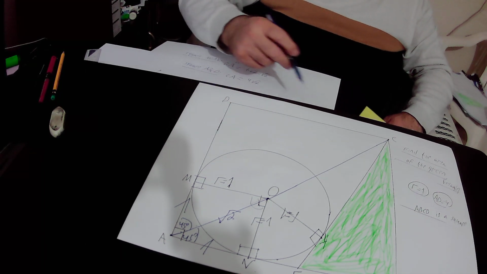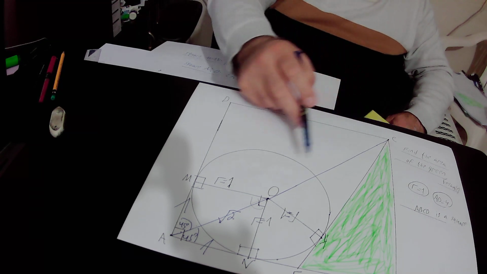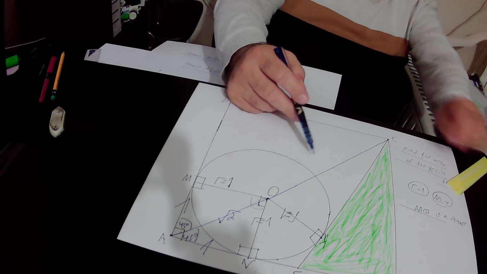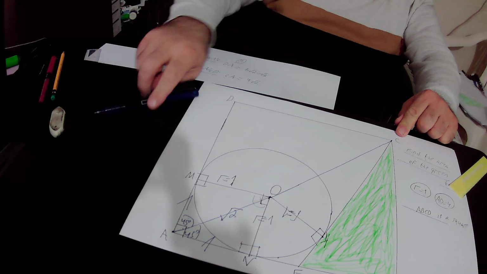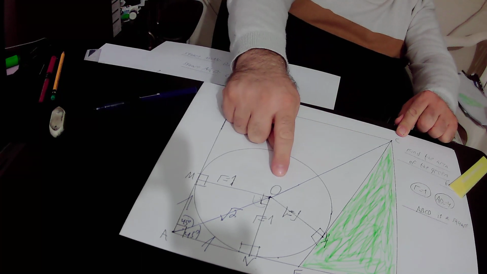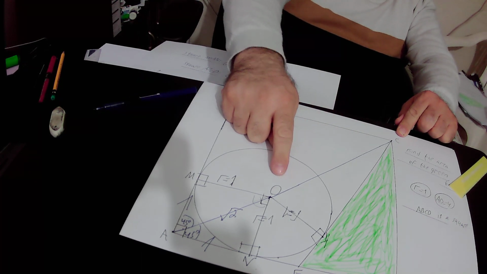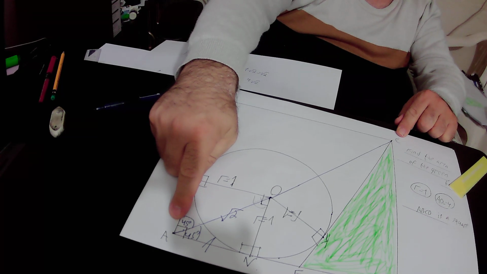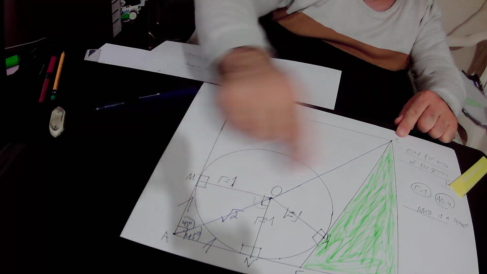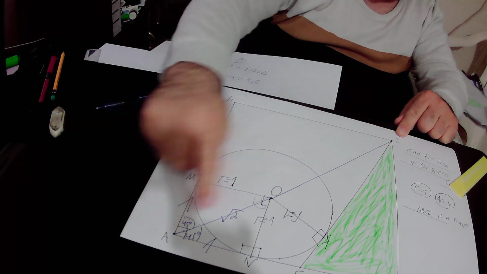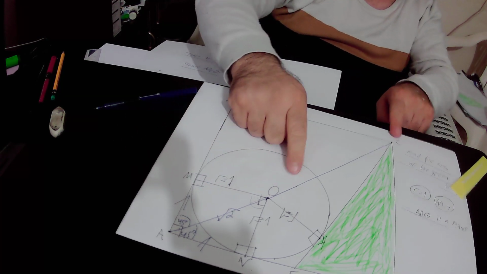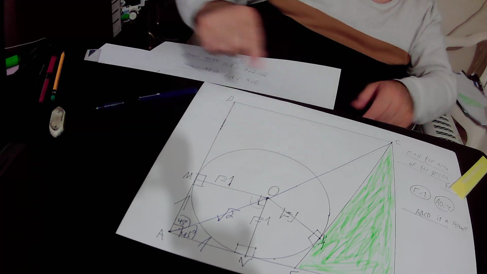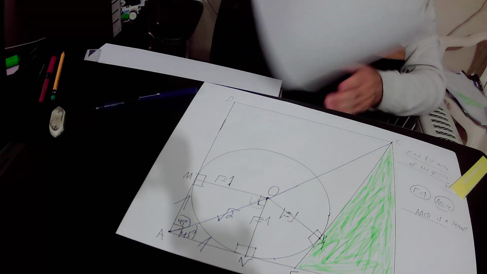And what is the length of CO? CO, as you can see from the drawing, equals CA minus OA. Okay, so I write it down.